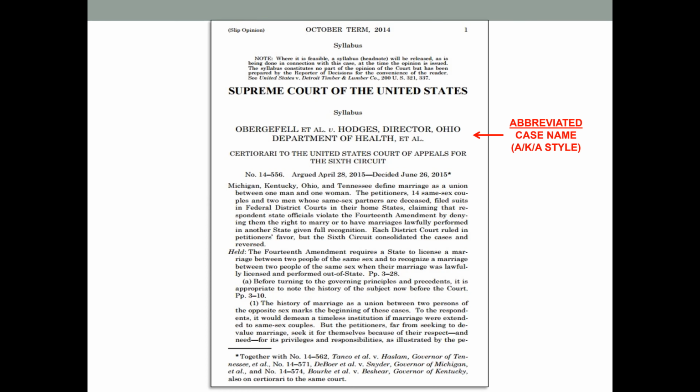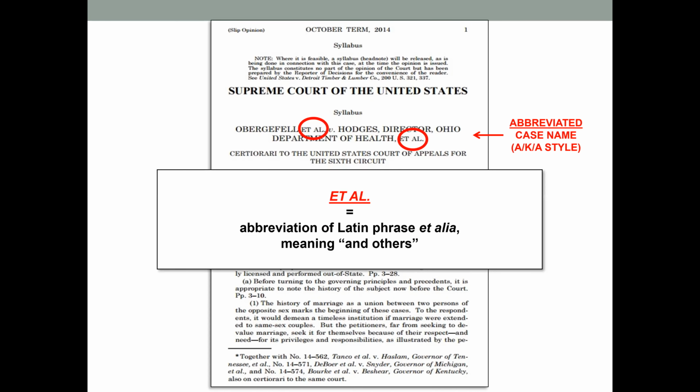Now, this is a very abbreviated case name or abbreviated style. And I want to just pause for a moment to point out this Latin expression et al. It appears after the name Obergefell before the V, and it also appears after the names that are stated after the V. Well, et al is the abbreviation of the Latin phrase et alia, meaning and others.